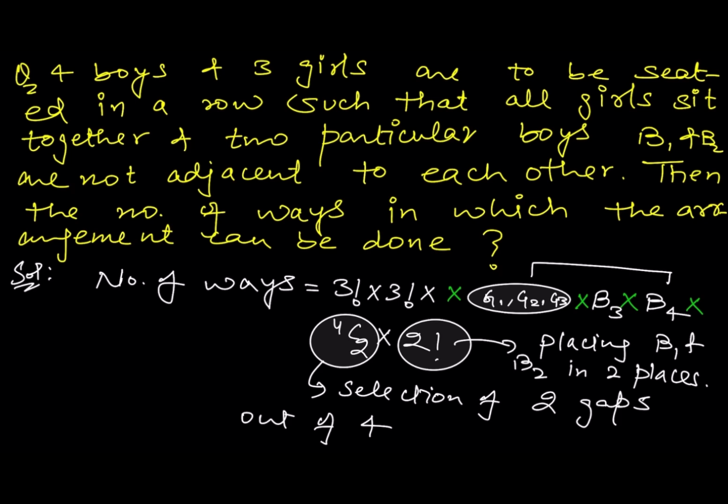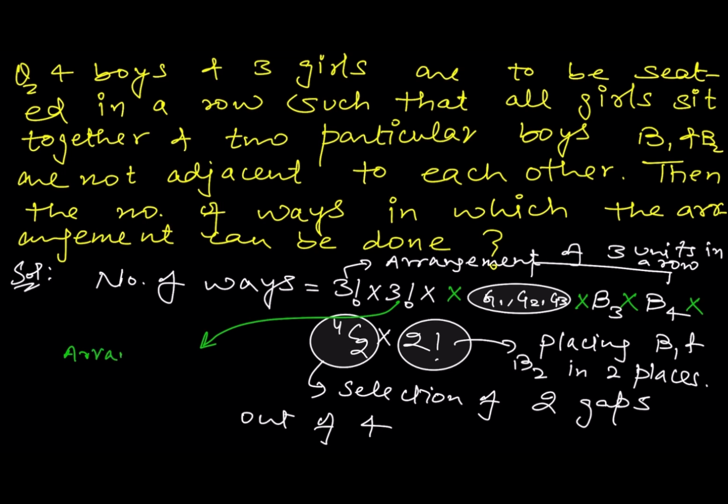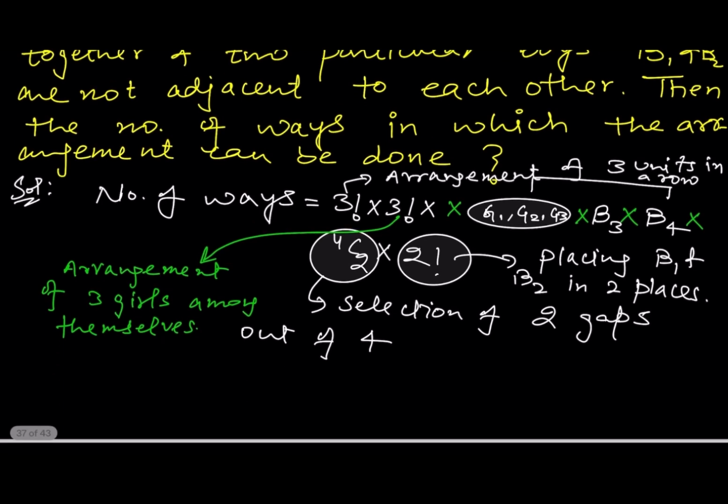And this 3 factorial is arrangement of 3 units in a row, and this 3 factorial represents arrangement of 3 girls among themselves, right?